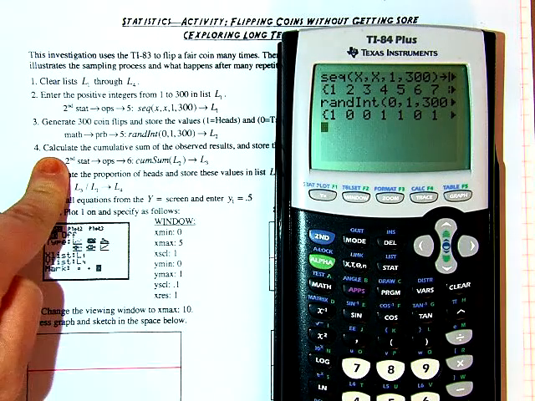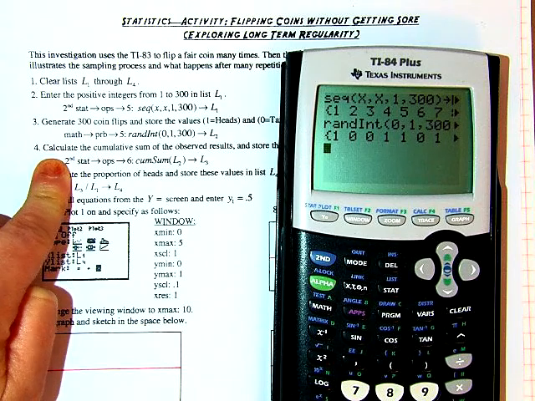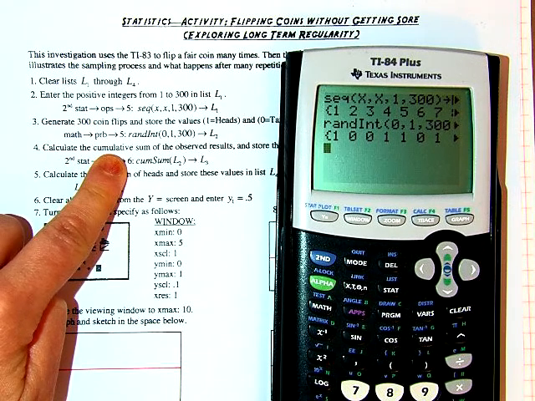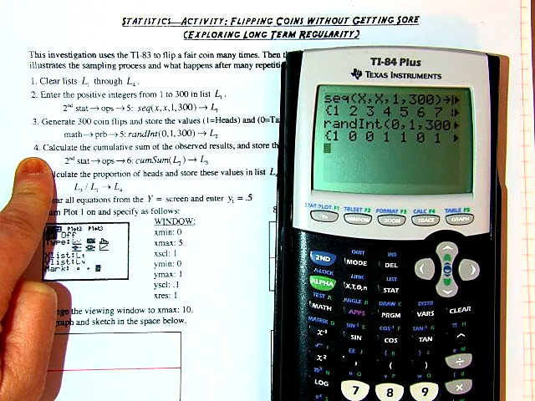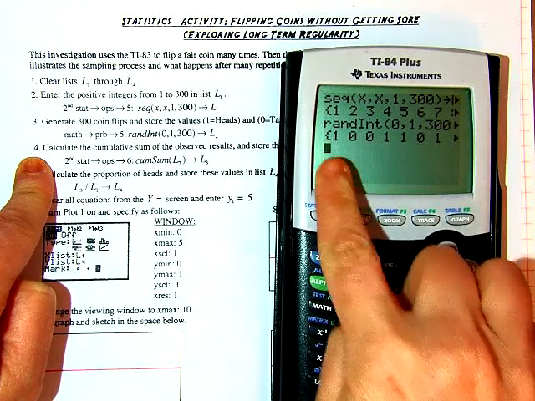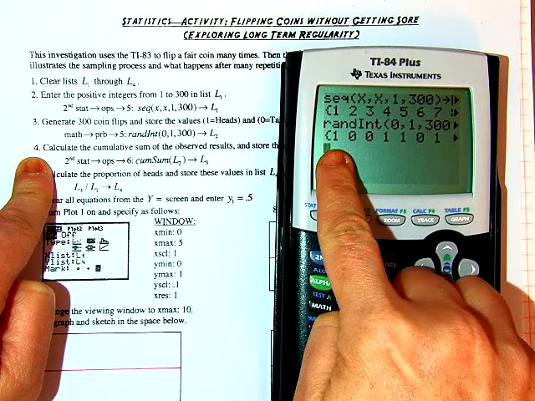All right, so next step. We want to calculate the cumulative sum of the observed results, and we want to store them in our third list. So we want a running total. I want to know how many heads I have after a certain amount of trials. I might see right here, I have 1 head after 1 trial.